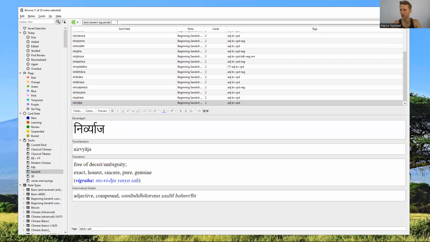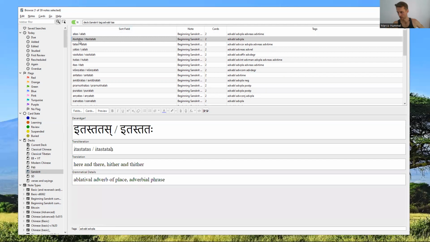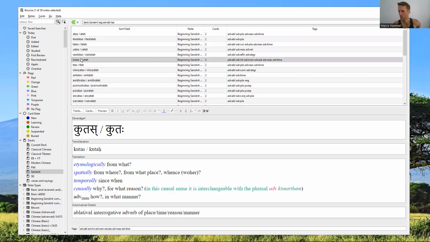And in here, I added just the tas, in the adverb section, so only the ablative adverbs which have this tassilia suffix, the suffix tas, come up. So here atas, ataha, itas, yatas, yataha, kutas, kutaha.